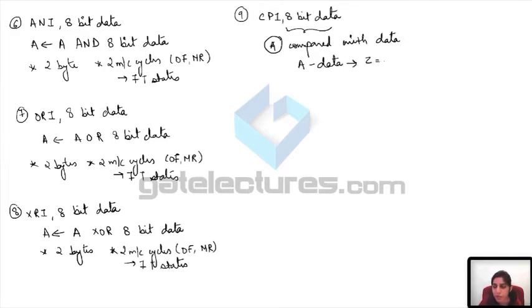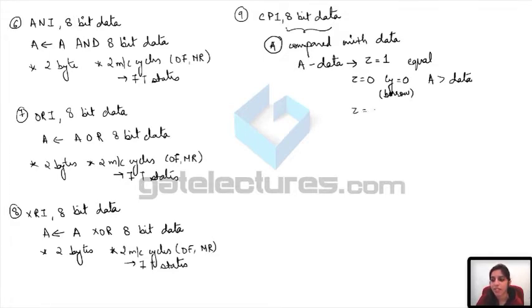If zero flag is 1, it means that data and A both were equal, so we conclude that they are equal. But if zero flag is 0 and carry flag is 0, meaning no borrow, since we are performing a subtract operation, right? So borrow flag is 0, that means A is greater than data.